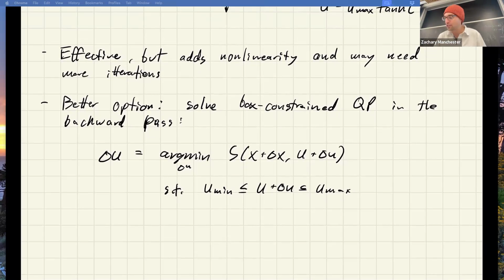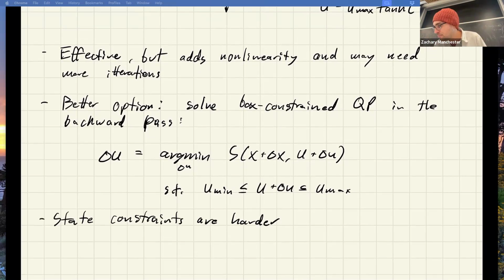Turns out state constraints are a lot harder to deal with. So you will see many terrible things out there in the wild if you kind of get into this. It's very common to see people use penalties. You just add penalties to the cost function to try to do this stuff. We talked about that at the beginning of the class, right?